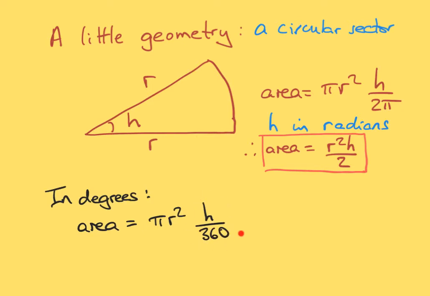And this factor of h over 360 is the fraction of the area of the entire circle that is in this sector. So again, you can see that this result and this result are different, and when we use this result for the area, we are going to get the limit that as h goes to 0, the sine of h divided by h goes to 1. So let's look at that now and show that on the next slide.